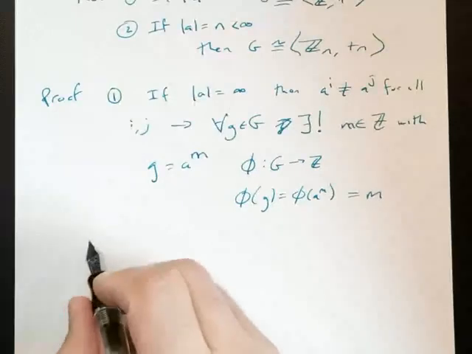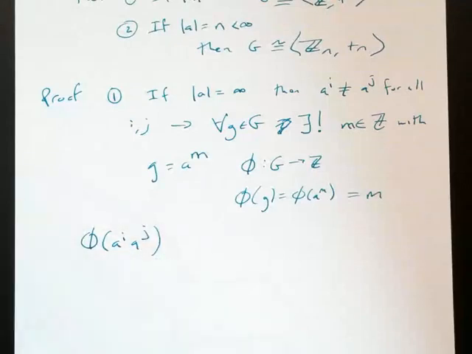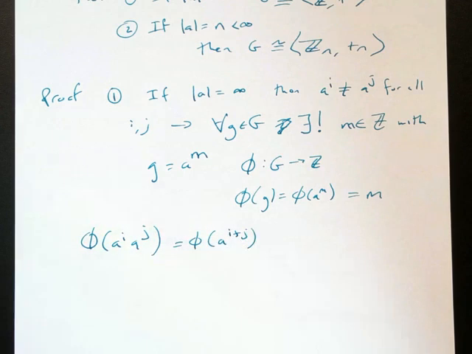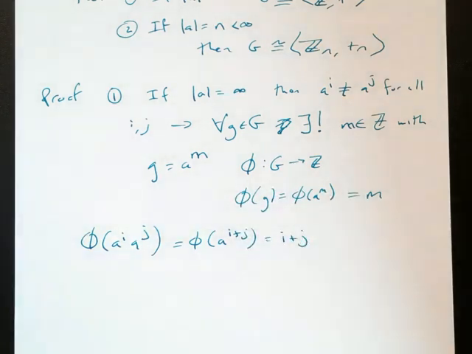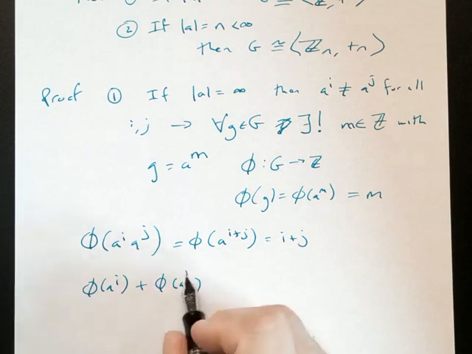So let's look at phi of multiplication. What happens when you multiply? You have the powers. And when I do my isomorphism function, that gives me i plus j. Yes? What's phi of a^i plus phi of a^j? Oop, j is a superscript, not a subscript.